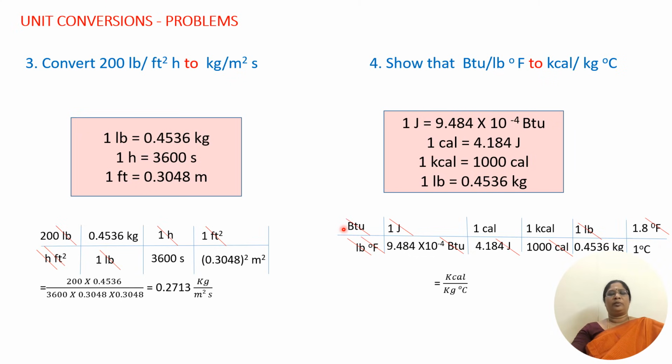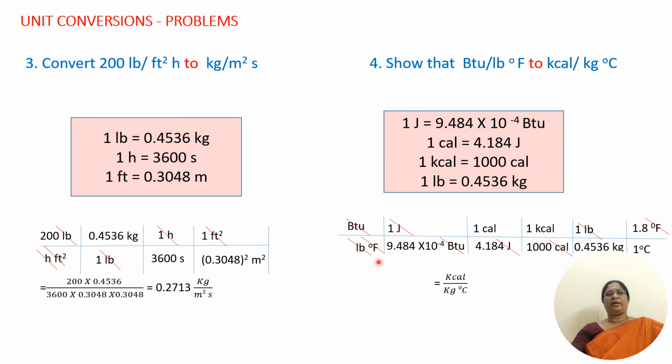So write down the unit in the box model, and first let us convert BTU to joule. And then after converting BTU to joule, convert joule to calorie, then calorie to kilocalorie. After that, convert lb to kg by writing 1 lb is equal to 0.4536 kg.